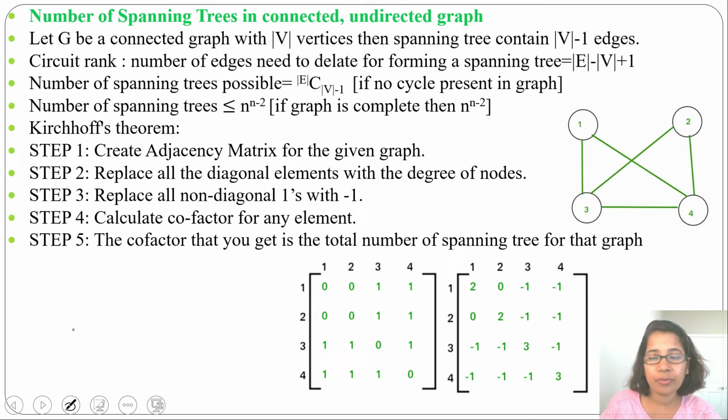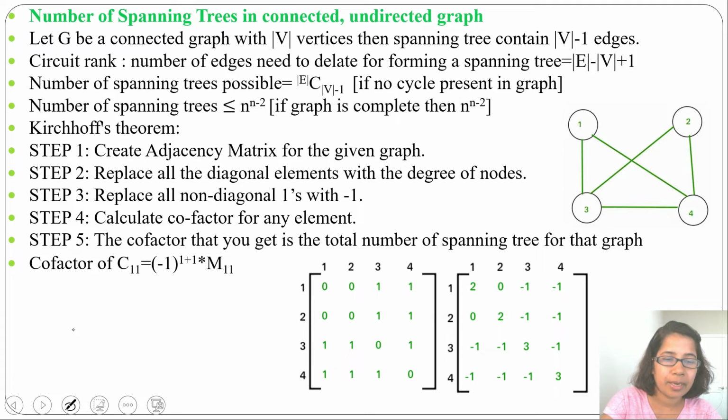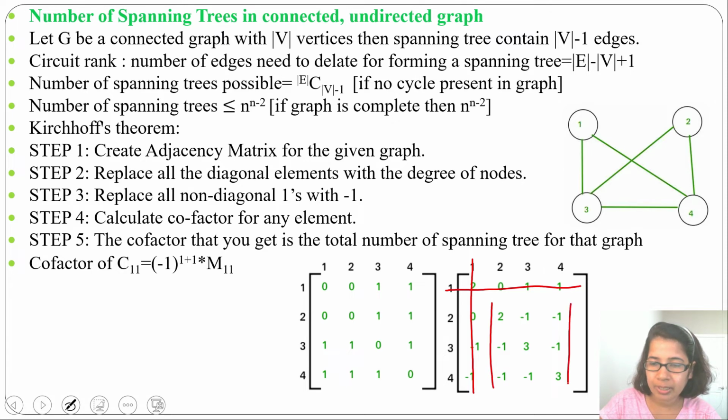Next we will find the cofactor of any one element. Let me find the cofactor of element (1,1), which equals minus 1 power 1 plus 1, which is plus 1, multiplied by the minor M11. We'll delete the first row and first column, and find the determinant of the remaining matrix. Let me write 2 and minus 1 here. On the left side I will write minus 1 and 3. Now we find the determinant. Minus 1 multiplied by minus 1 multiplied by minus 1 is minus 1.